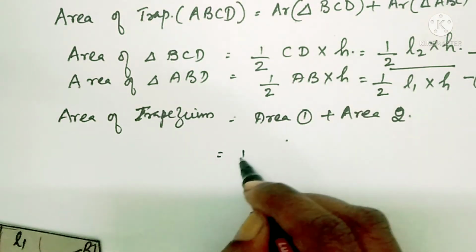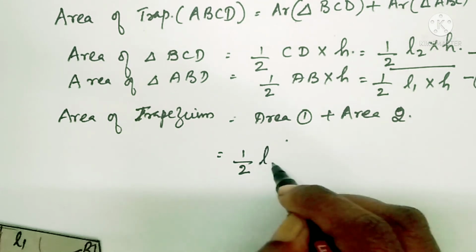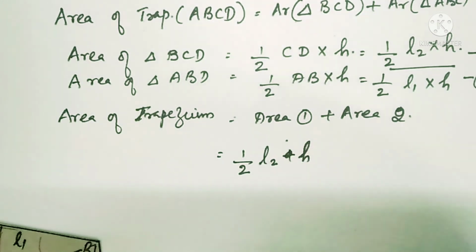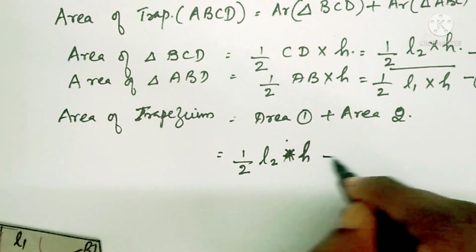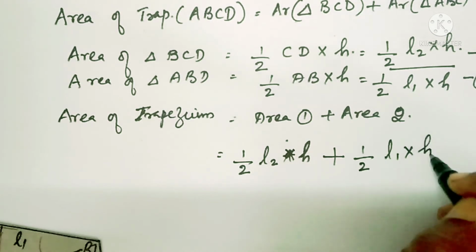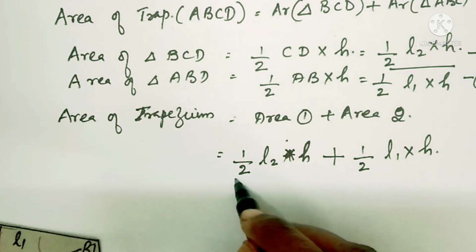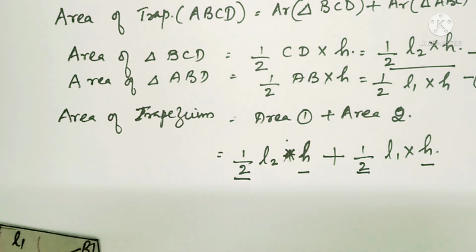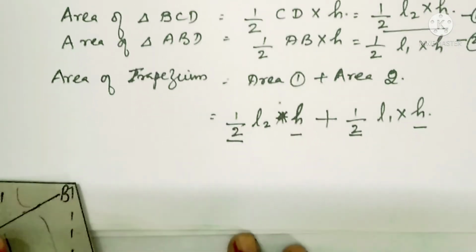So, how will you add them? First area is half into L2 into H plus half into L1 into H. Now, here you have half and H, here also you have half and H. What is it called? They are called the common factor.